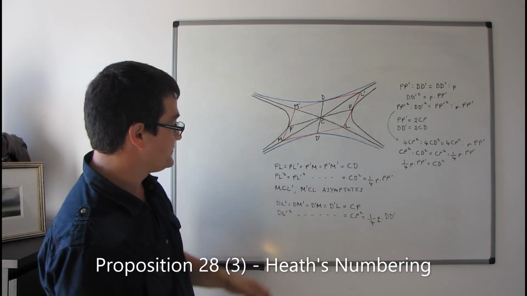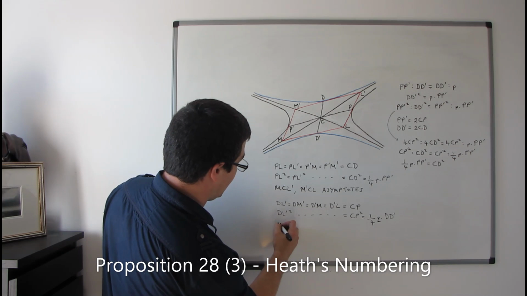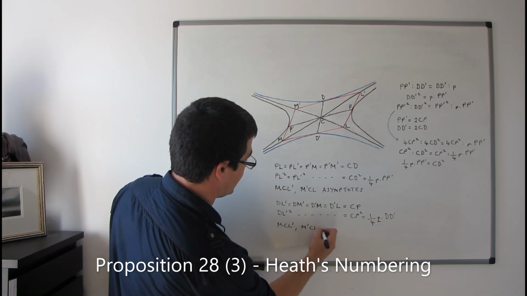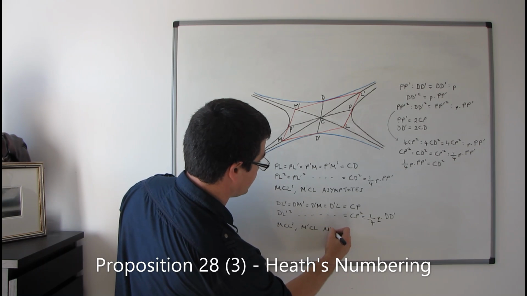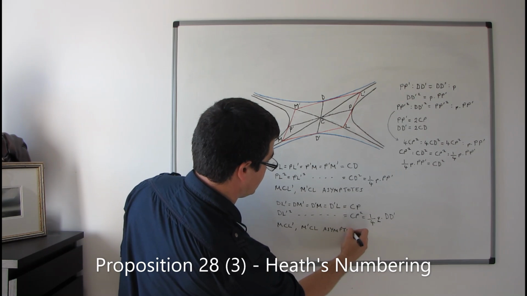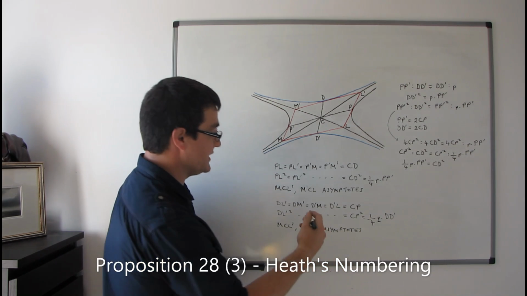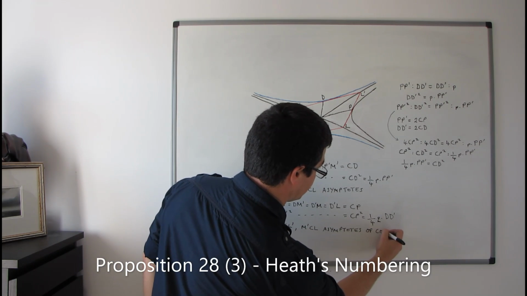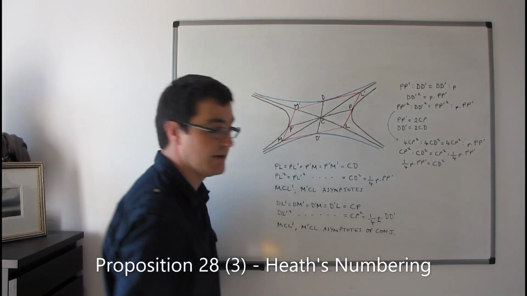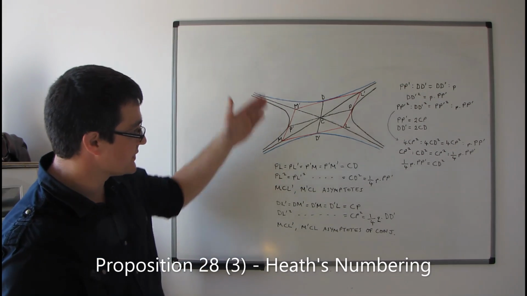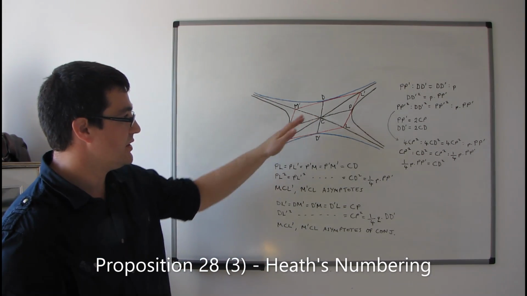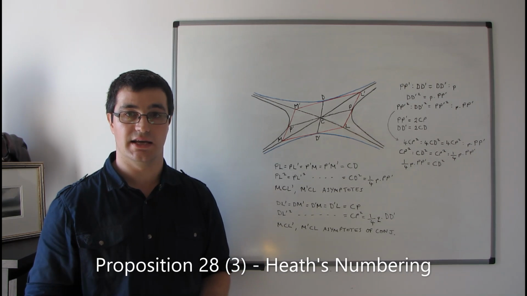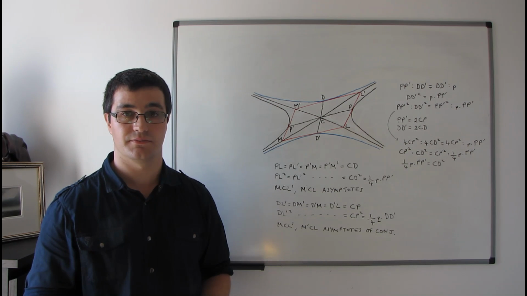So therefore, MCL primed and M primed CL are asymptotes of the conjugate hyperbola. So as we can see then, a hyperbola and its conjugate share the same asymptotes, and that's the end of the proposition.